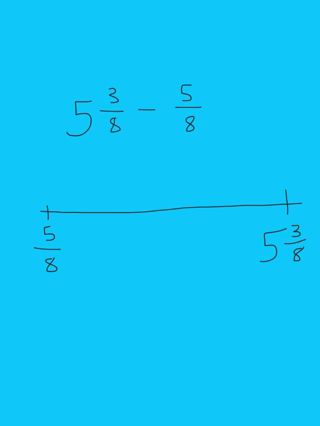First we need to count up and find the next whole. 5/8 is less than a whole, so we're trying to get to one whole first. And 5/8 plus 3/8 makes 8/8, or one whole. And then we're going to jump to 5 3/8. So 1 plus 4 equals 5, but we need 5 3/8.